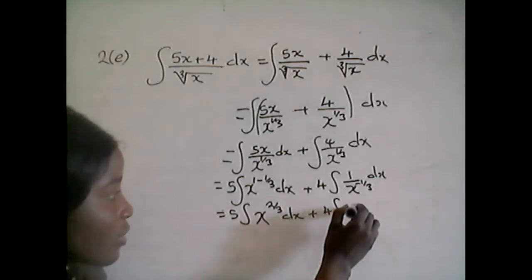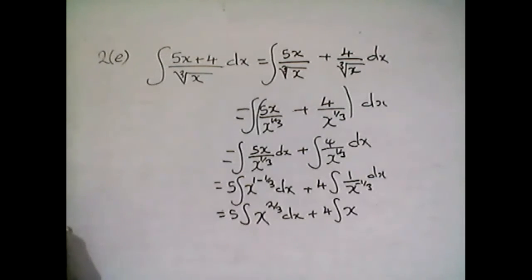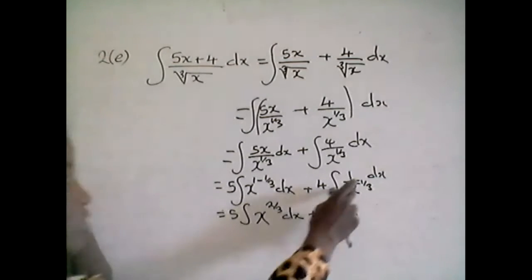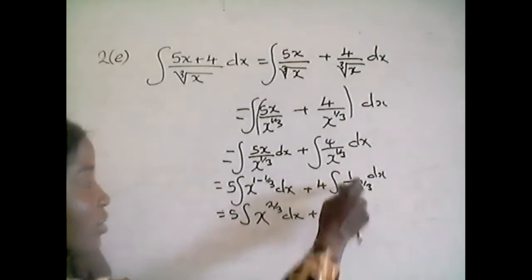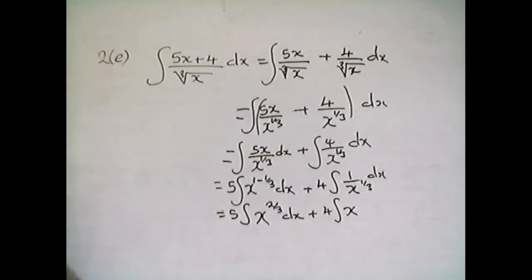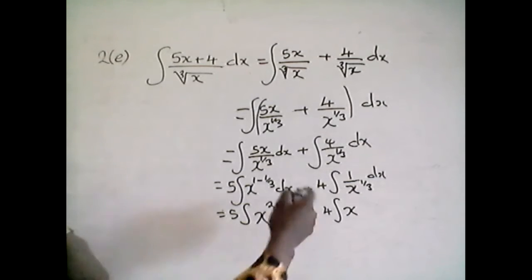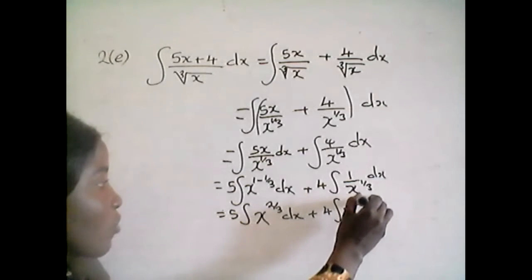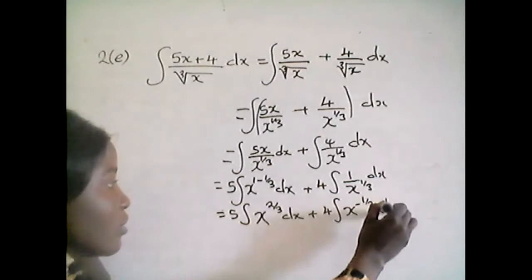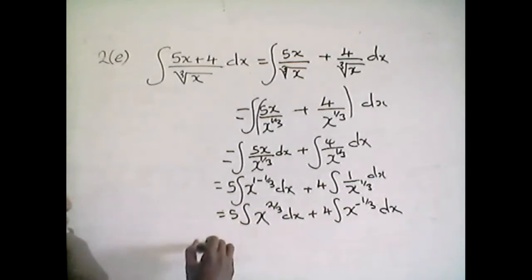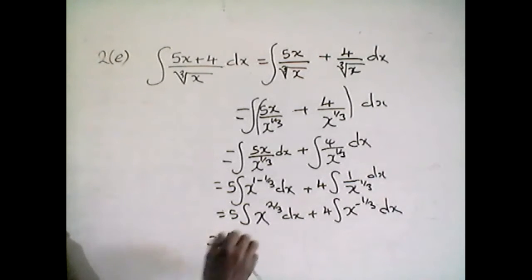So we say x, and when I take it on top, it's not negative there, sorry. When I take it on top, it will be x to the negative 1 over 3 dx.